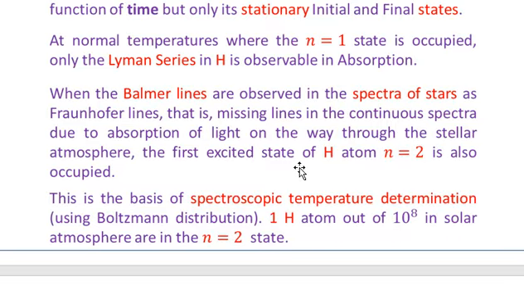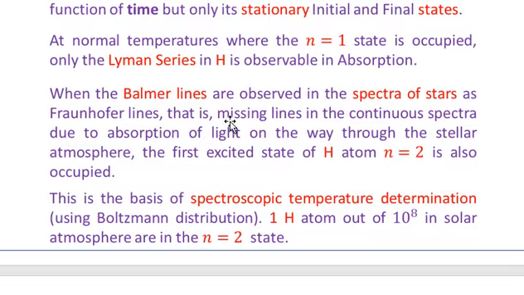So you see that in stellar objects, the temperature is high enough that atomic hydrogen is found in its n is equal to 2 state. And the light emitted by such hydrogen atoms will produce a Balmer series, which we have discussed in detail in the previous slide.